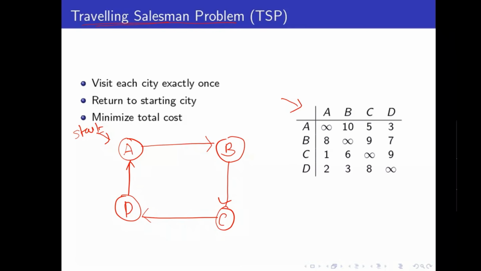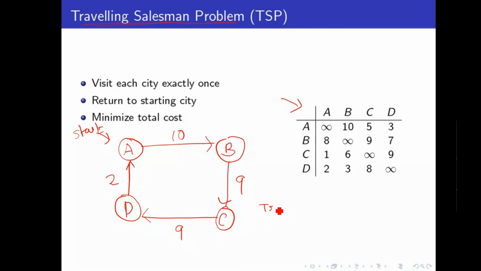So for example, this travel, what is the cost? So from A, if we go to B, cost is 10. From B, if we go to C, cost is 9. From C to D, cost is 9. D to A, cost is 2.